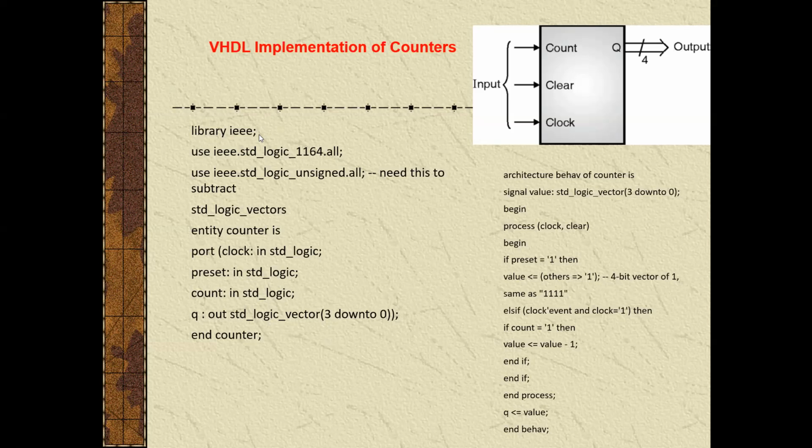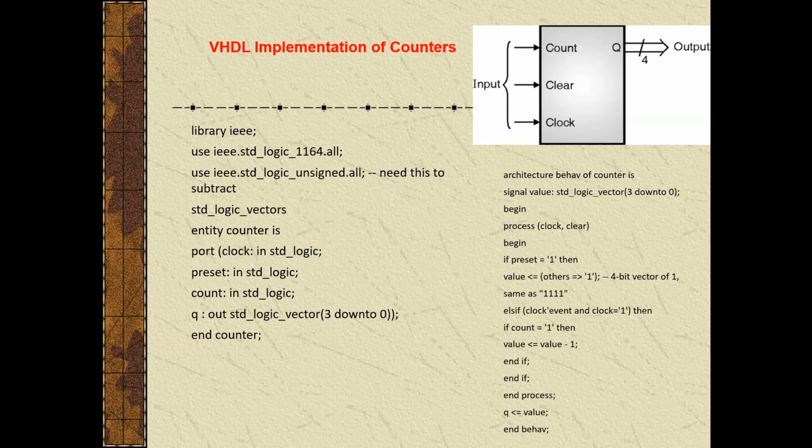So this is the start: library IEEE; use IEEE.std_logic_1164.all and use IEEE.std_logic_unsigned.all. Here this is for subtraction on std_logic_vector, and the entity is counter, with the port clock in std_logic.